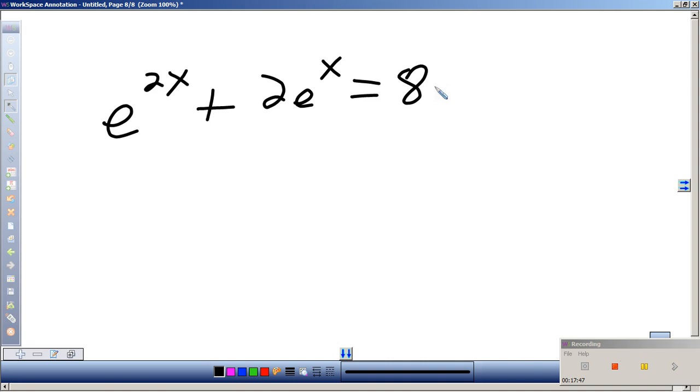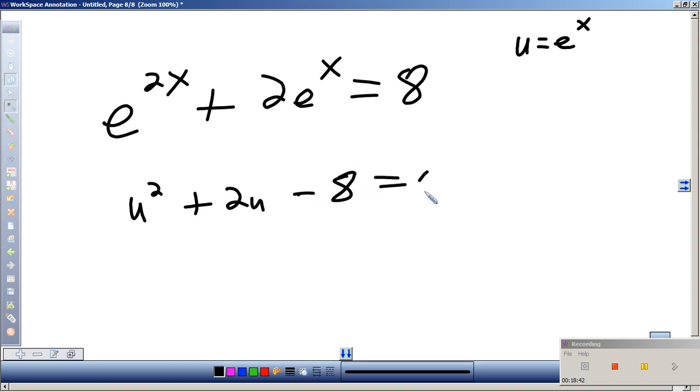Not easily. Factor out e? Can't really do that. You could maybe look at changing to u. What is this going to become then? Oh, you can do minus 8 equals 0, because that looks a lot nicer.